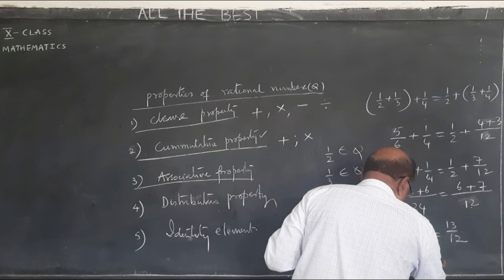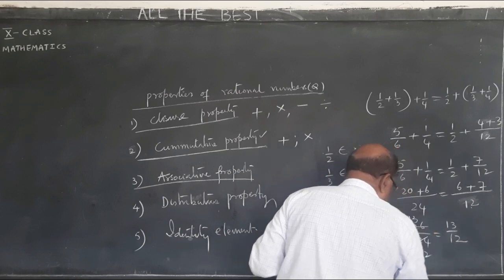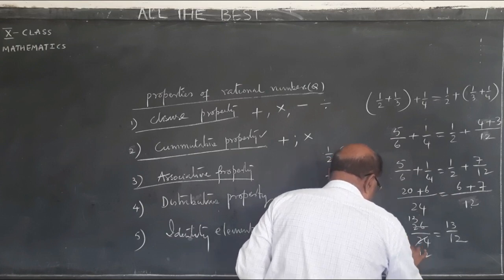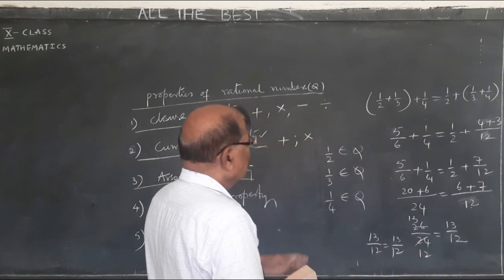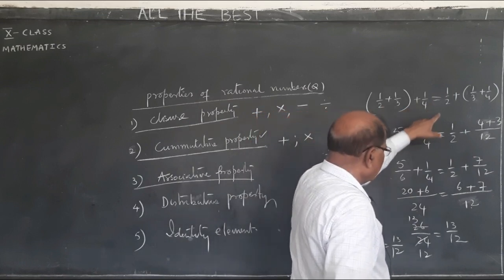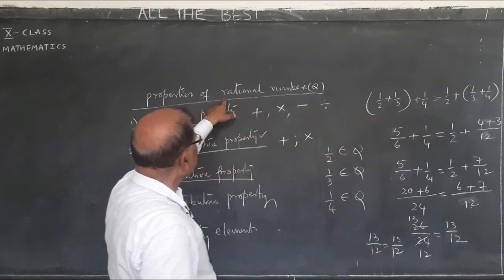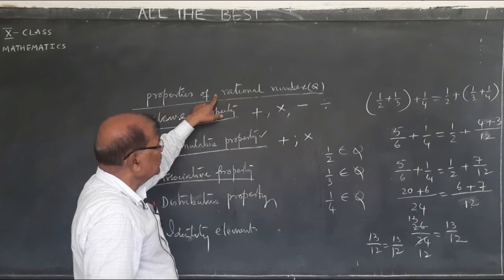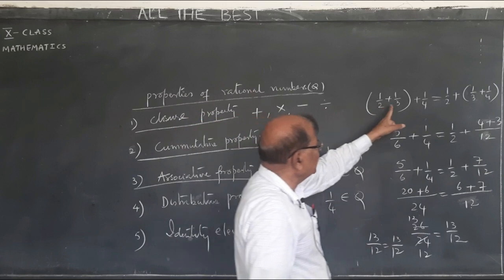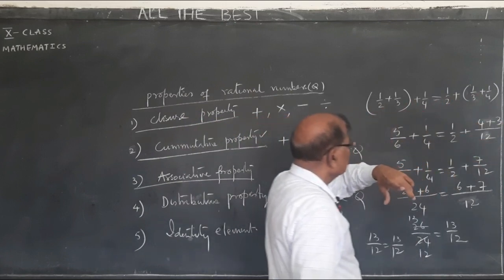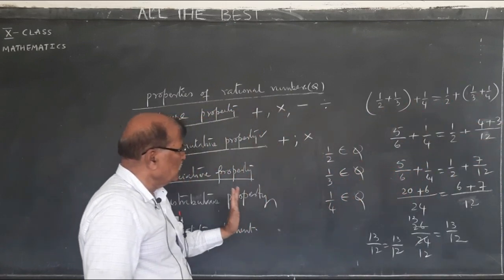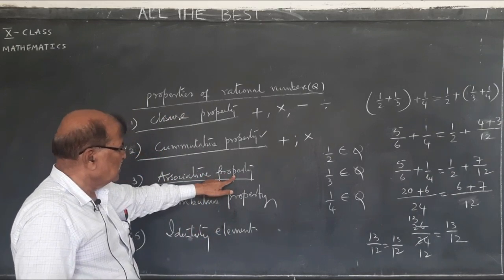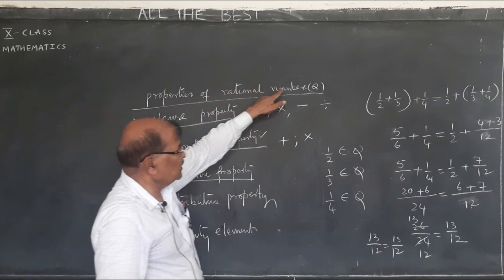It goes in the 2 table: 2 12s are 24, 2 13s are 26. So 13/12 is equal to 13/12. So what did you observe here? The associative property holds good in the set of rational numbers. What is the operation? Addition. So we can conclude that the associative property holds good in addition in the set of rational numbers.